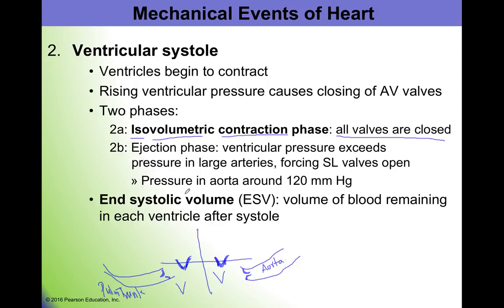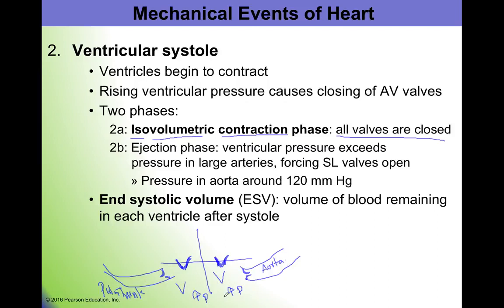As the pressure is building up, there is an increase in pressure in both of these chambers. What you'll see is that the pressure as it builds up is going to be higher than the pressure in your pulmonary trunk and in your aorta.